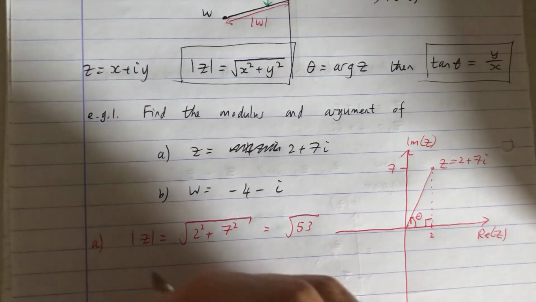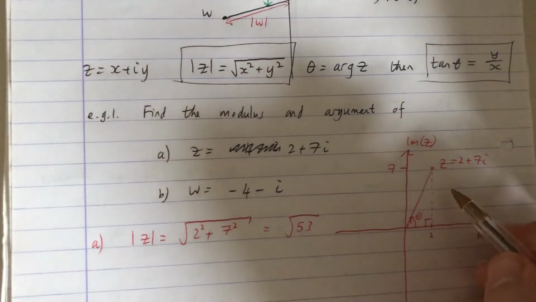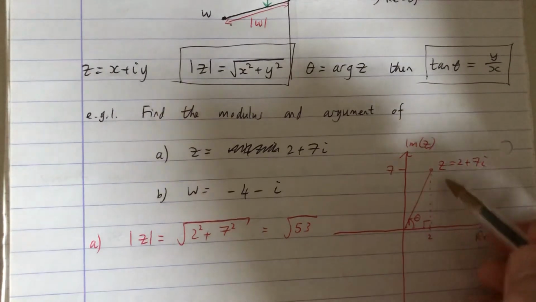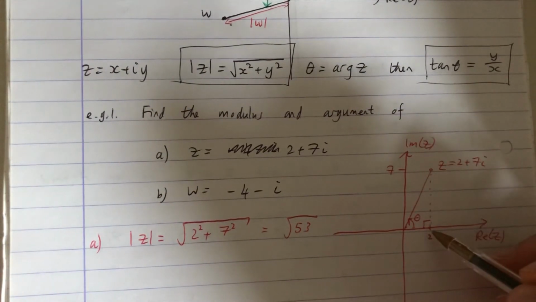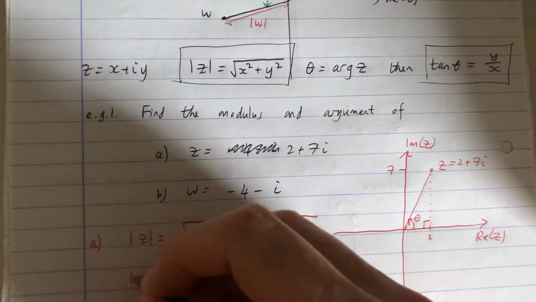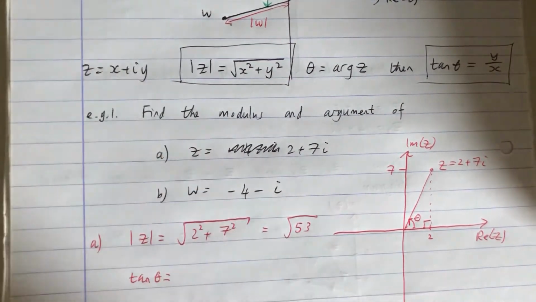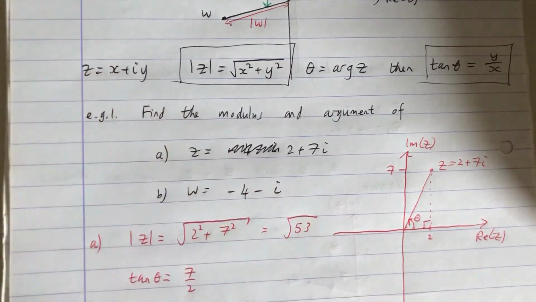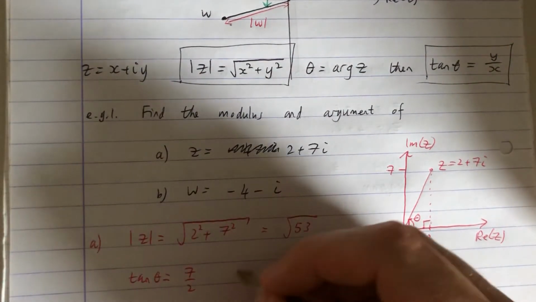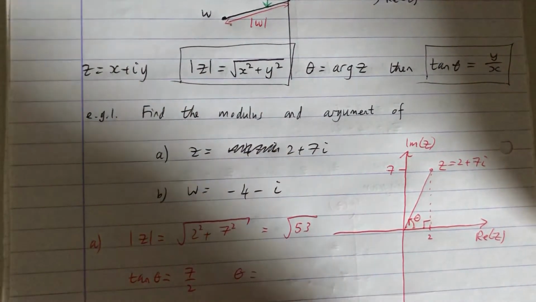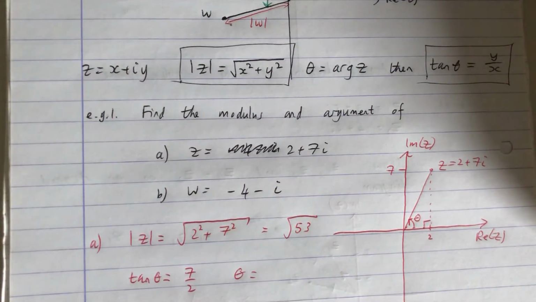If you think about it, without using this formula, you have opposite over adjacent, 7 over 2, and that's why you pick tan theta is equal to 7 over 2. And then you make theta the subject. Obviously, your calculator should be in radian mode for this.